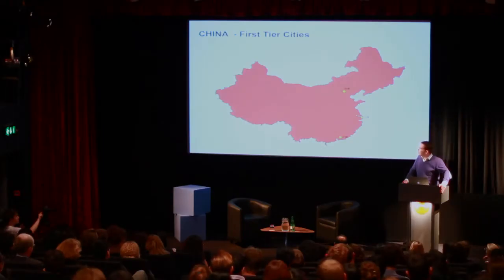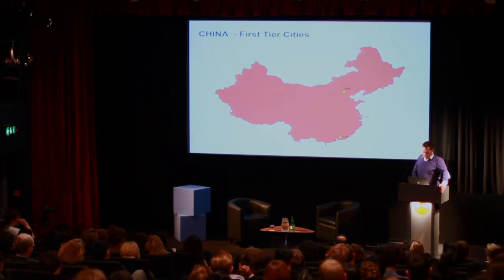It all started in the first-tier cities of China, which were Beijing, Shanghai, and Shenzhen, the cities that were marked for specific economic development, more free development than the communistic approach they had for about 30 years.